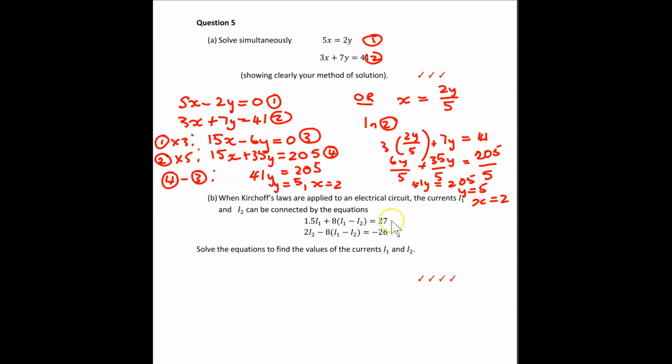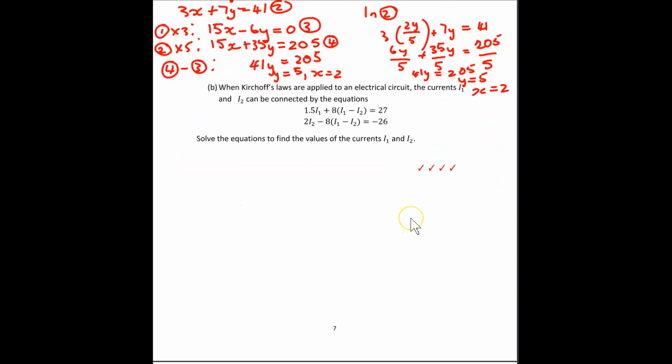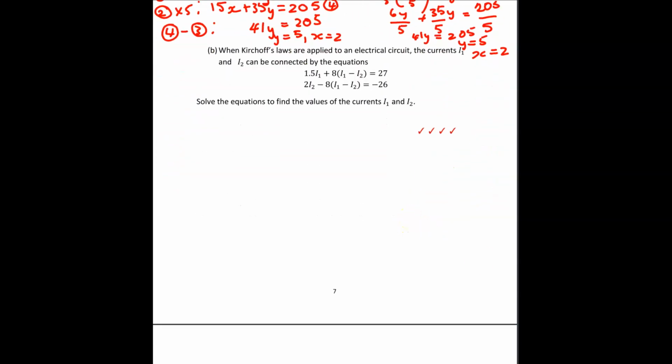The second of the simultaneous equation question requires you to multiply out some brackets first and then deal with what you've got. So the first equation, rewriting that, would give you 9.5 times I1 minus 8 I2 is equal to 27.